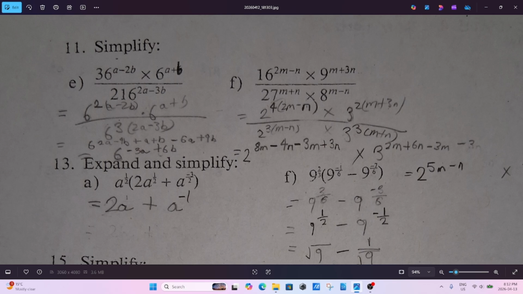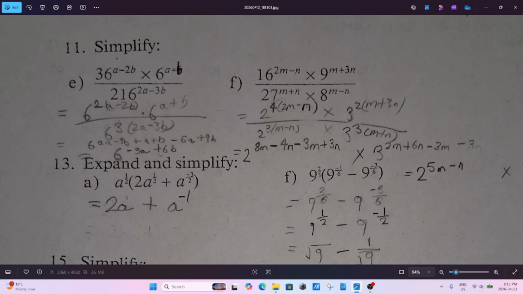Question F: 16 to the exponent 2n minus n times 9 to the exponent n plus 3n, divided by 27 to the exponent n plus n times 8 to the exponent n minus n.